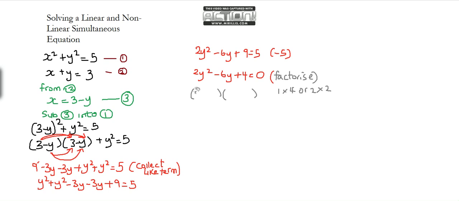So if we put 2y here and then y here, 2 here and 2 there, we need to make sure that this turns out to be a plus, so we put a minus here, because minus 2 times minus 2 gives you plus 4 equals 0.